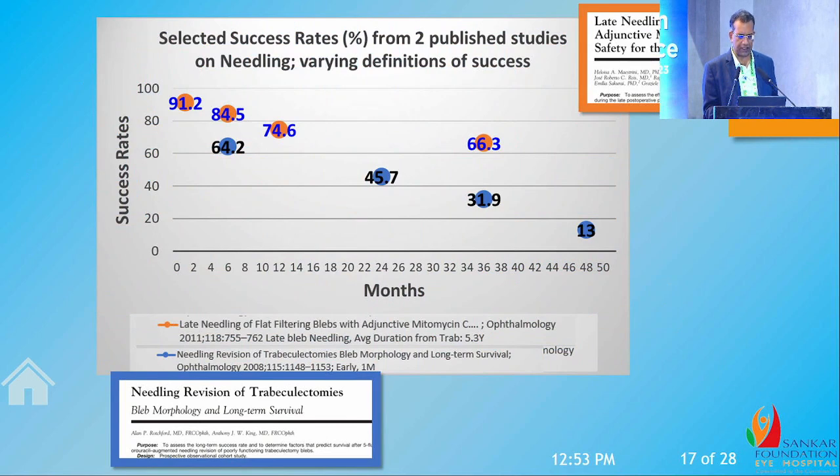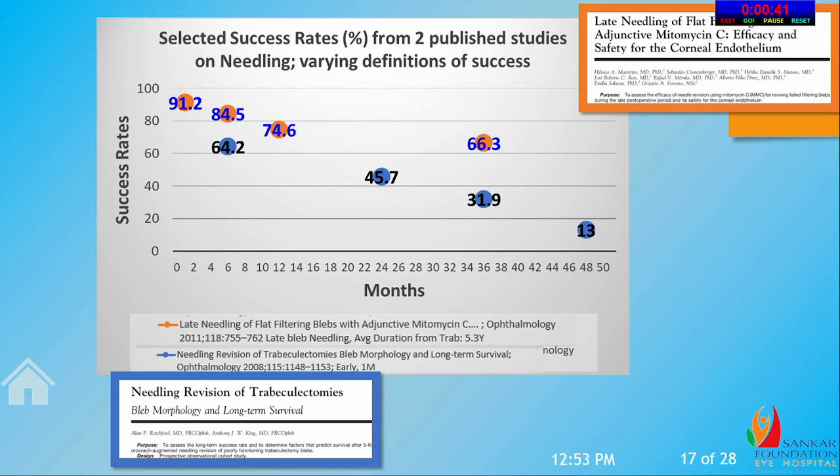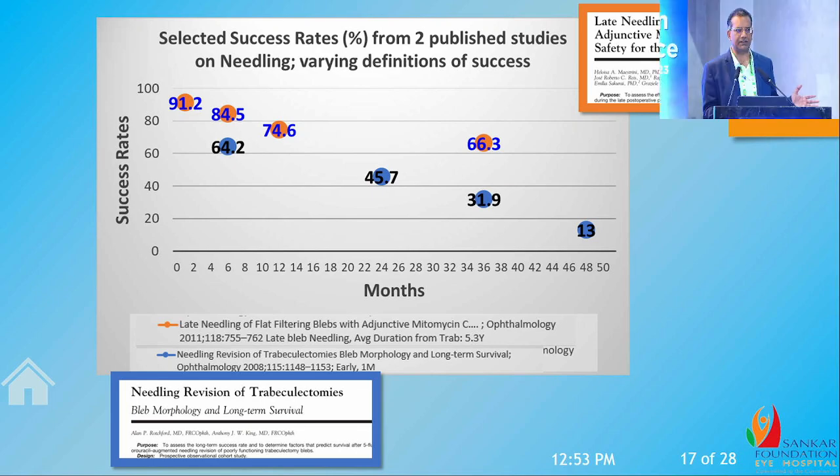Now with the reported success rates, we are seeing 91%, 84%, 64%, 45%, and some articles are referring to it as 13%. So there is a wide range, but it only means that each individual surgeon has to customize the technique, and then they can see very good results in some cases.